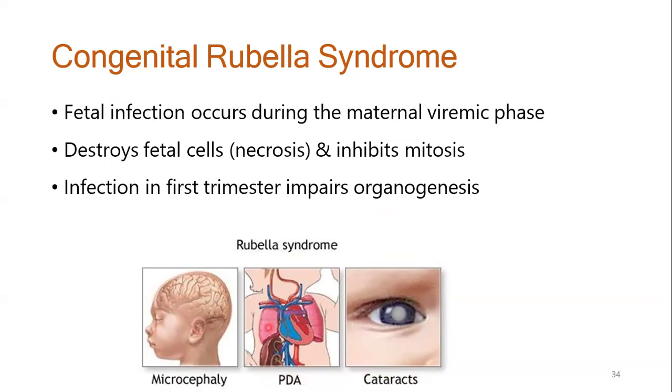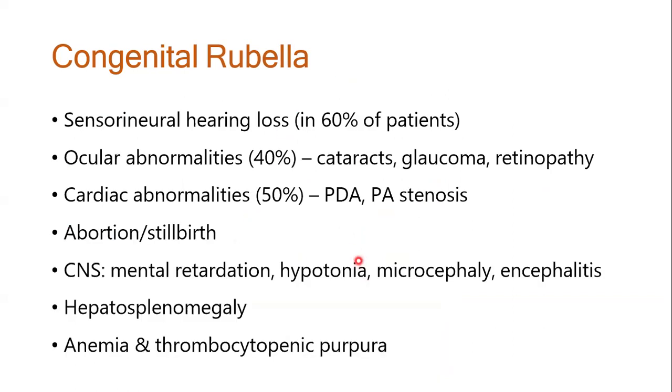So PDA, to simplify it, is a heart disease, okay? The patent ductus arteriosus is usually left open. It should close as you're born, okay? And then we have sensorineural hearing loss in 60% of patients. Ocular abnormalities, so cataracts, glaucoma, retinopathy.